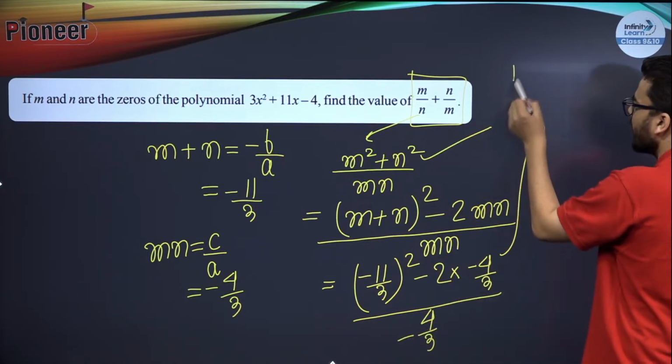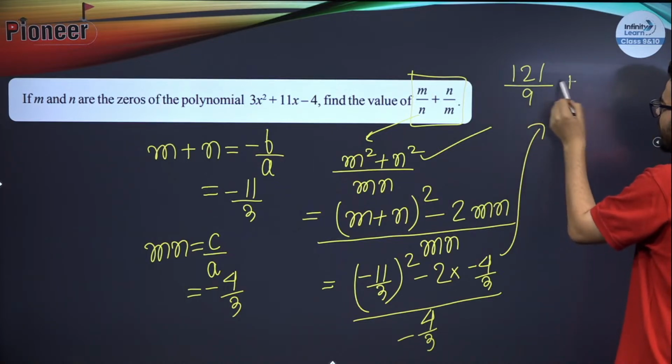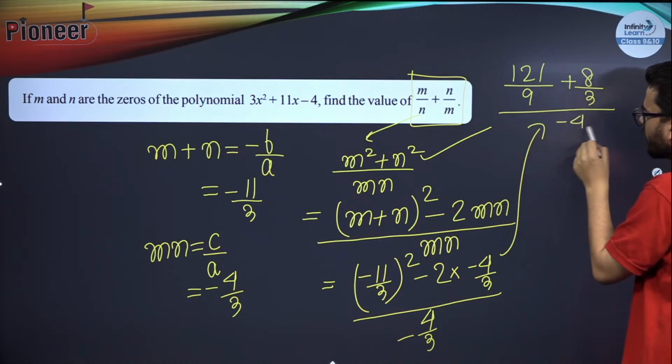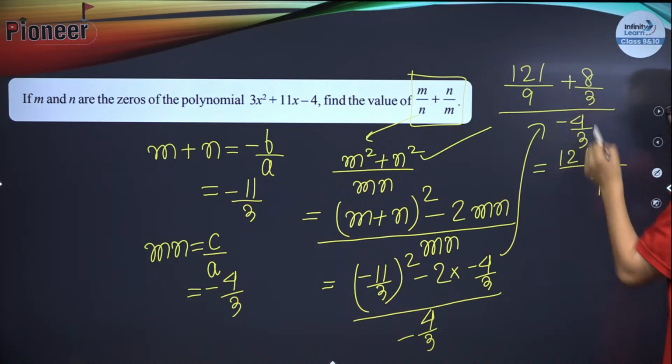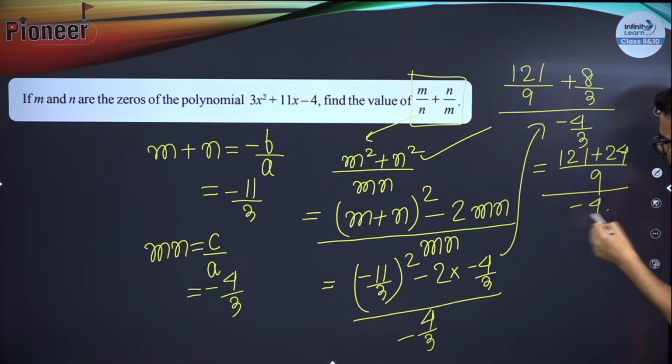So this is basically 121 upon 9 plus 8 by 3 over here, and in the denominator you are getting minus 4 by 3. Just simplify it quickly, you'll get the answer. So you'll get 9 in the denominator, you'll get 121, and then 8 3s are 24, and in the denominator you are getting minus 4 by 3.